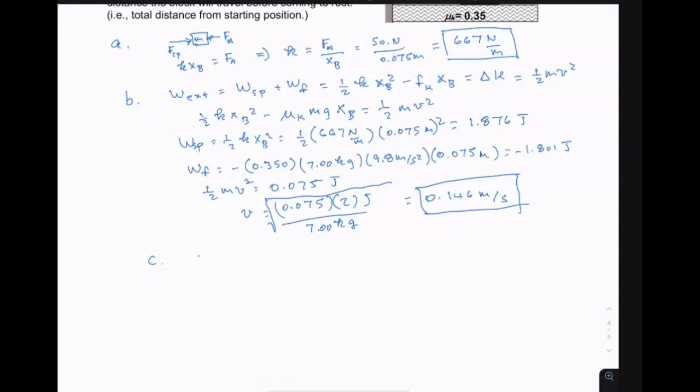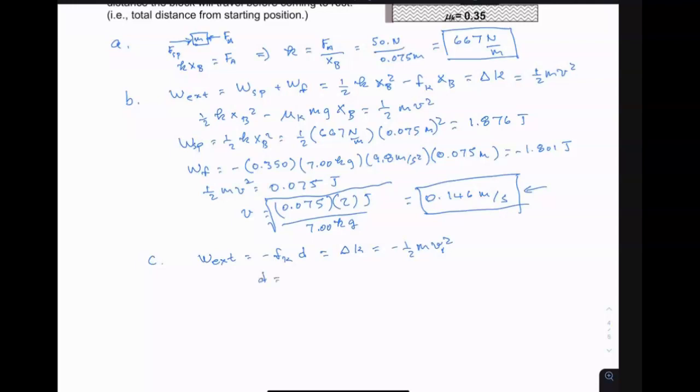The work external in this part is just equal to the work done by the friction times the distance it slides from the equilibrium point. And that's equal to the change in the kinetic energy, which is equal to minus 1/2 mv initial squared, where v initial we found to be 0.146 meters per second. So I'm going to let you go ahead and solve for that.